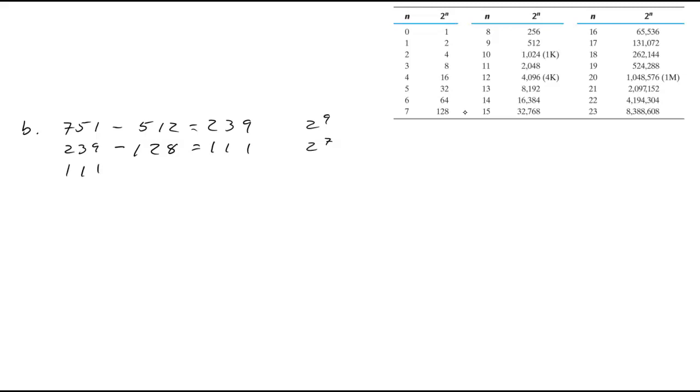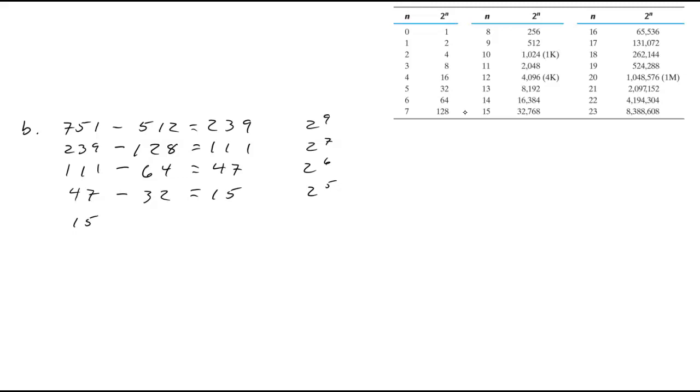So we'll put 111 there. And from that, well, we'll go to 2 to the 6th, or 64. And subtract those two, we get 47. Bring the 47 down. We can subtract 32, which is 2 to the 5th. And that gives us 15. Oh boy, 2 to the 4th is 16, isn't it?